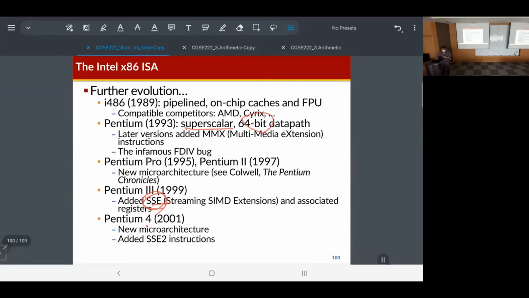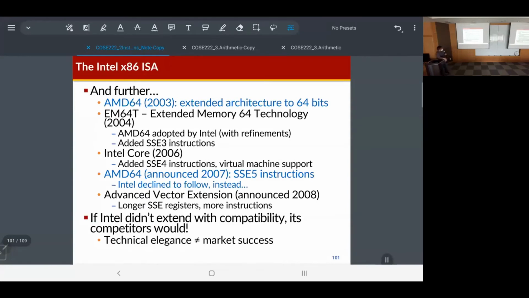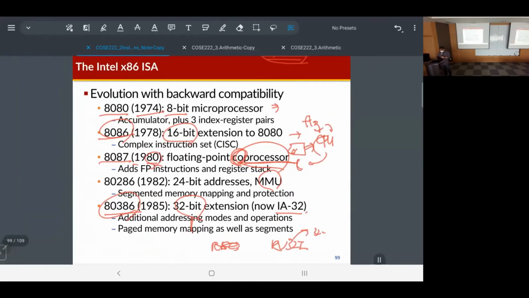Now Intel is developing the Core architecture for the Core i3, i5, i7, and even i9. We can say the baseline instruction set architecture of the Intel x86 is IA32, the 32-bit instruction set.